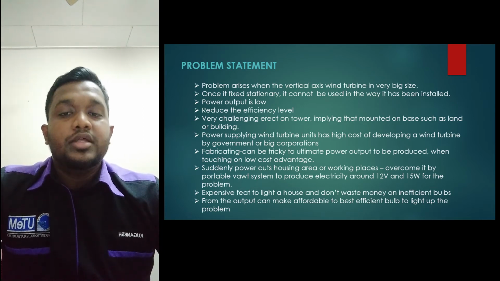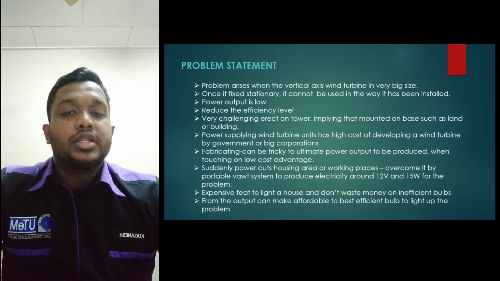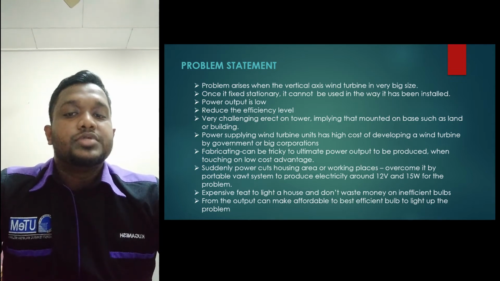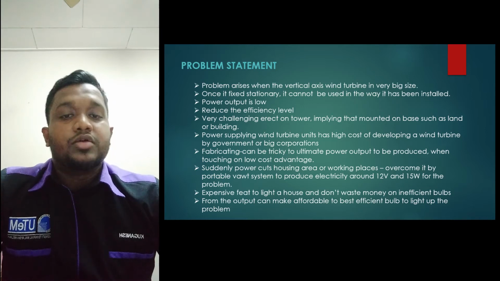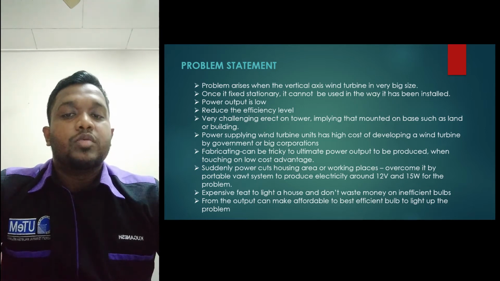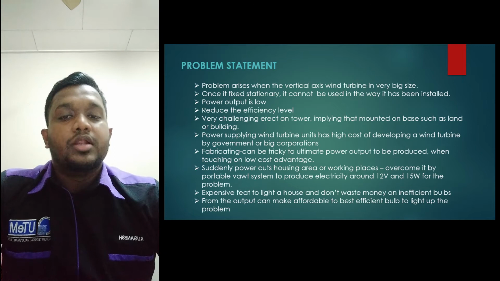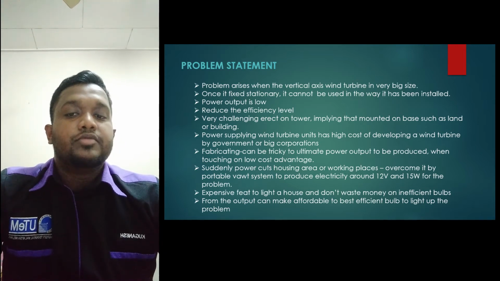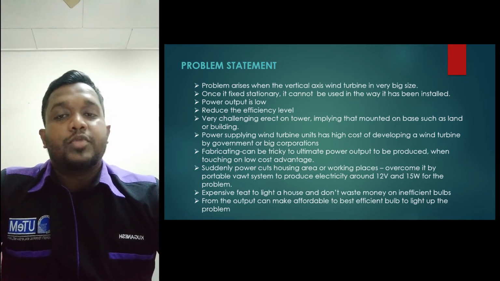In addition, if there is suddenly a power cut in a housing area or workplace, it can be overcome by a portable vertical axis wind turbine system producing around 12 watts to 15 watts. It is expensive to feed the lights in a house and waste money on inefficient bulbs. From the output, we can afford the best efficient bulb to light up.